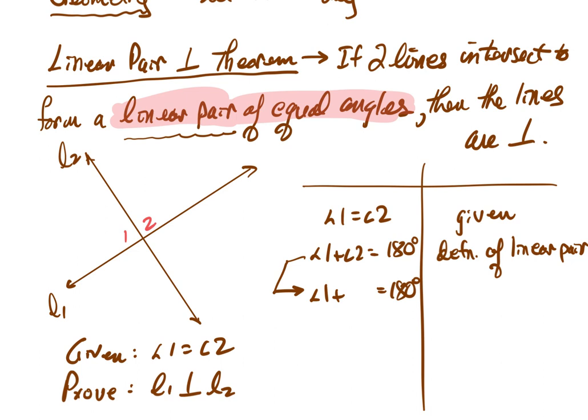I'll leave the 180 degrees where it's at, but I'm going to replace angle 2 with what it's equal to. And back up in our first statement, you see angle 2 is equal to angle 1. And whenever we replace something with what it's equal to, that's called a substitution.